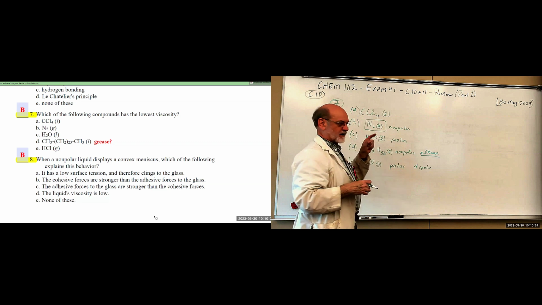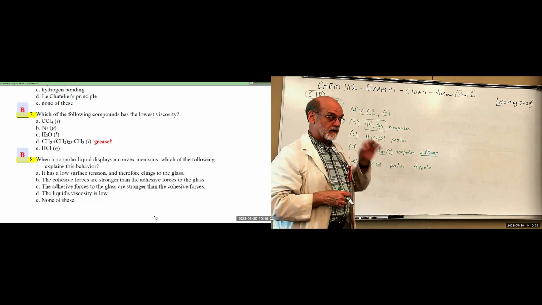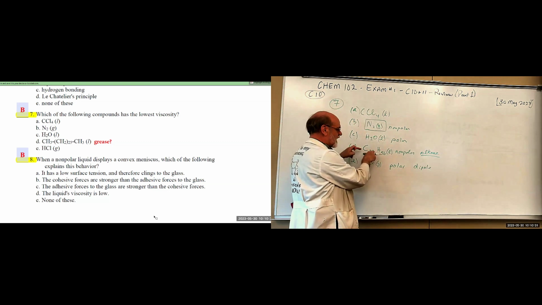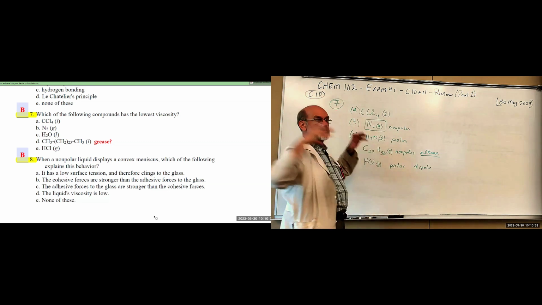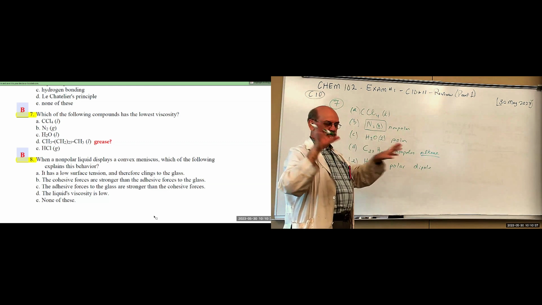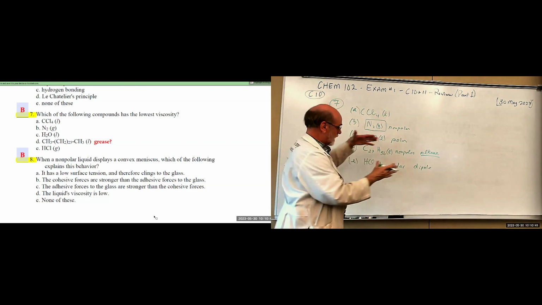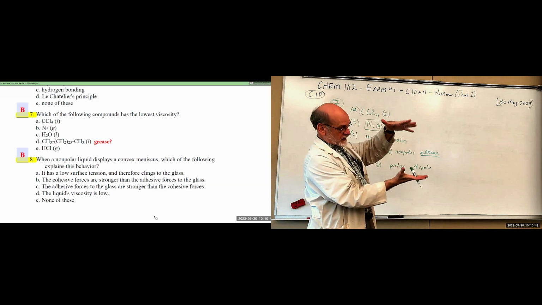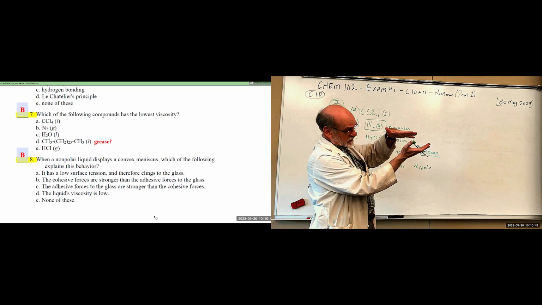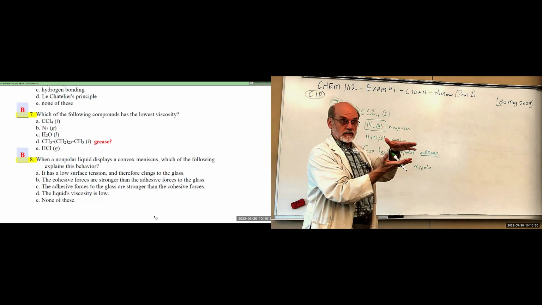Here's the thing. London dispersion forces are always there. This one only has access to London dispersion, but it's a huge molecule. So those distributions of electrons can occur all over it. And with a long molecule like that, they can lay down side by side and have a lot of strong interactions between the molecules.